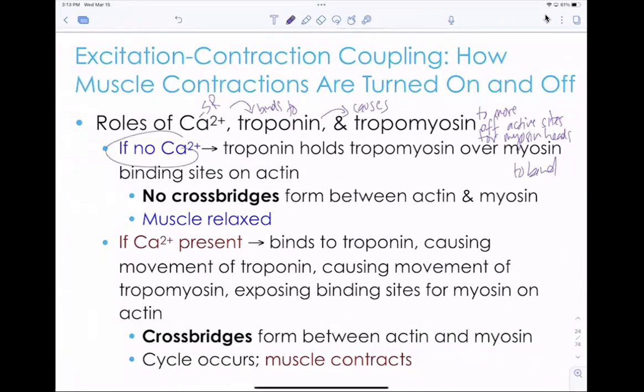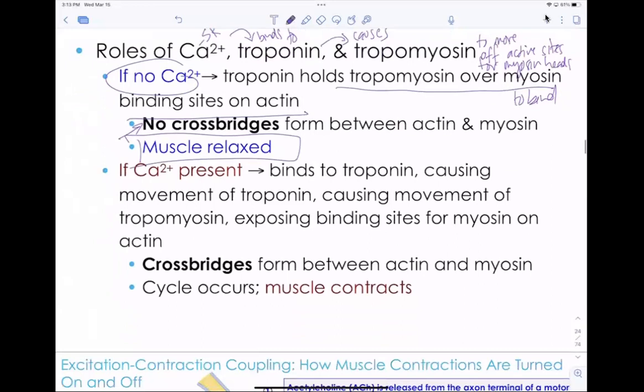If there's no calcium, tropomyosin stays over the binding sites, no cross bridge. Muscle cannot contract. But if calcium is present, if it's released from the sarcoplasmic reticulum, it's going to ultimately bind to troponin, move tropomyosin, and expose binding sites for myosin and cross bridges to form.